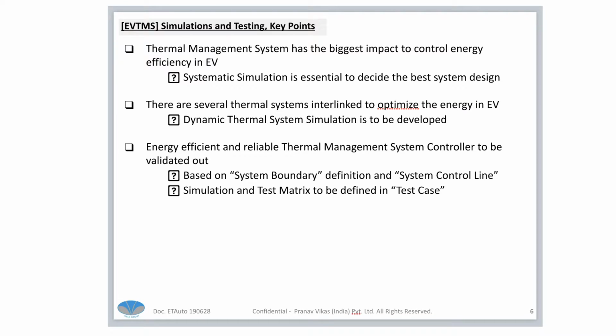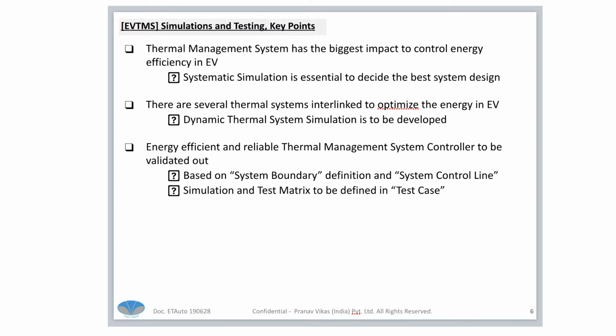Next is how to optimize in the testing. If you start the testing from the middle point, sometimes you have a fluctuation in the white dotted one. We need to converge this fluctuation to the optimized white line. This is how we use this simulation linked to the testing.